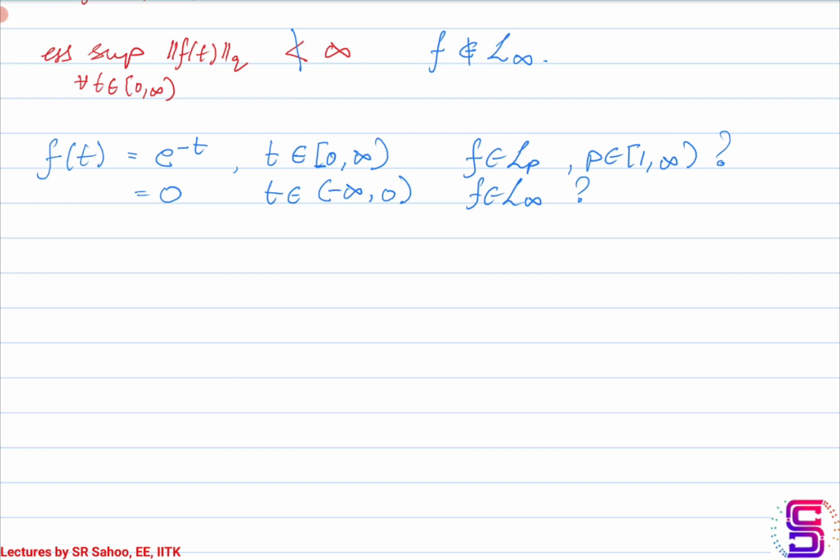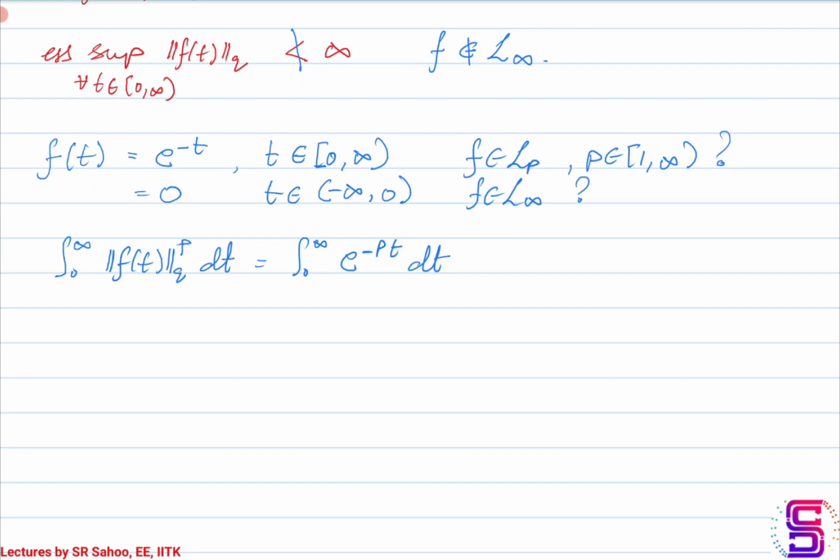So let's see this. The integral from 0 to infinity of the q norm of f of t raised to the power p dt is nothing but the integral from 0 to infinity of e power minus pt dt.